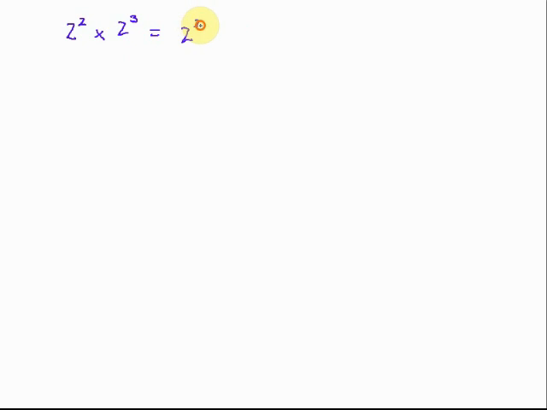It's 2 to the power, in this case, of 2 plus 3, which equals 2 to the power of 5. And I described how we sometimes use this fact for the purposes of simplifying some difficult multiplications.